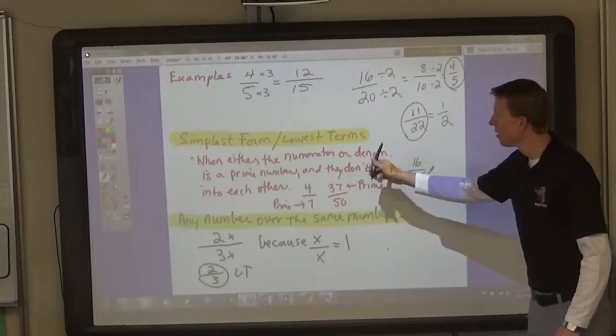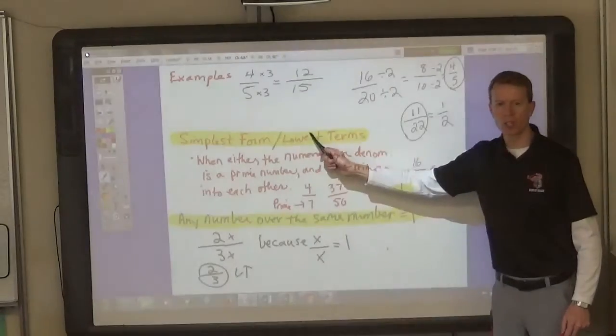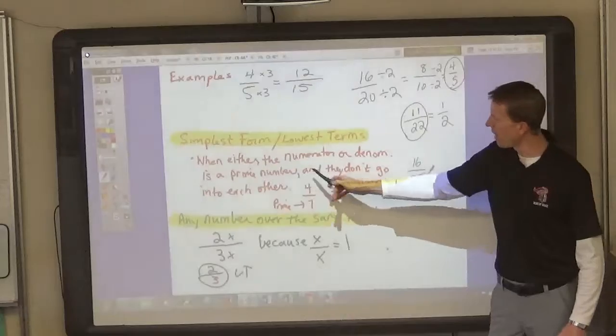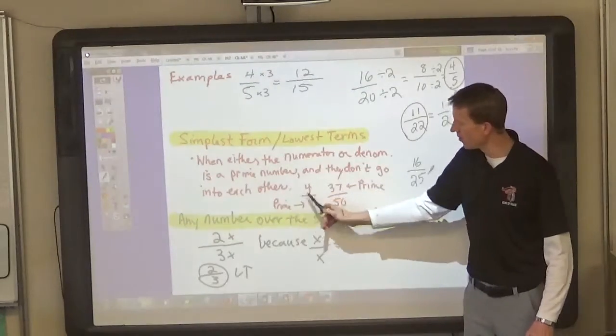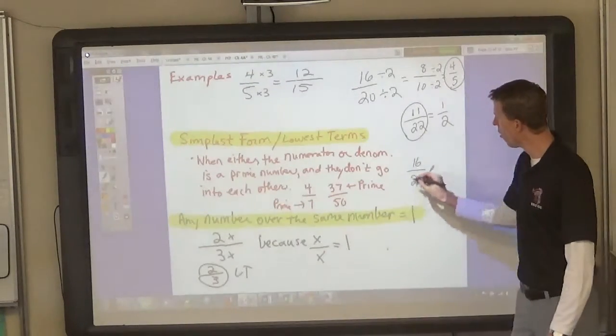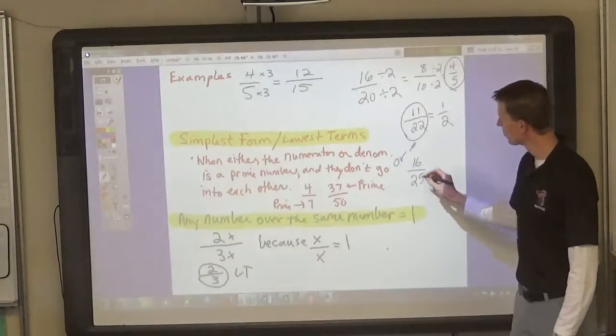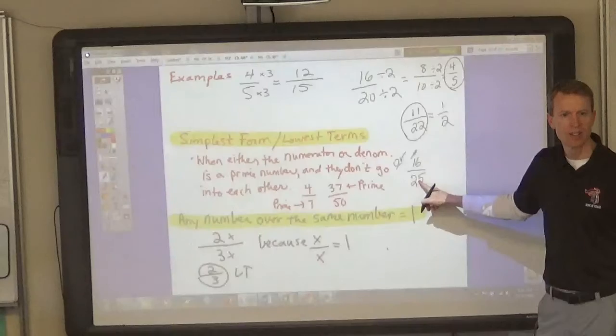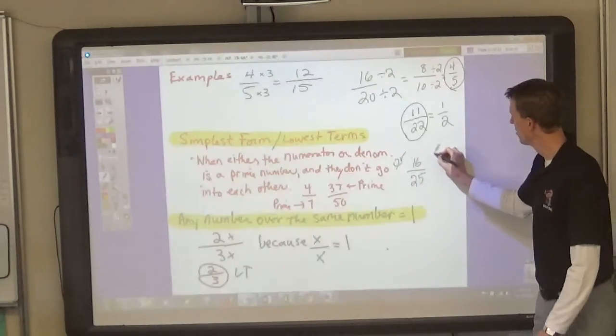Right. Yep. The other thing you're looking for in lowest terms, it says when either the numerator or denominator is a prime number, they don't go into each other. So in this example, why are these lowest terms? They don't have any common factors.